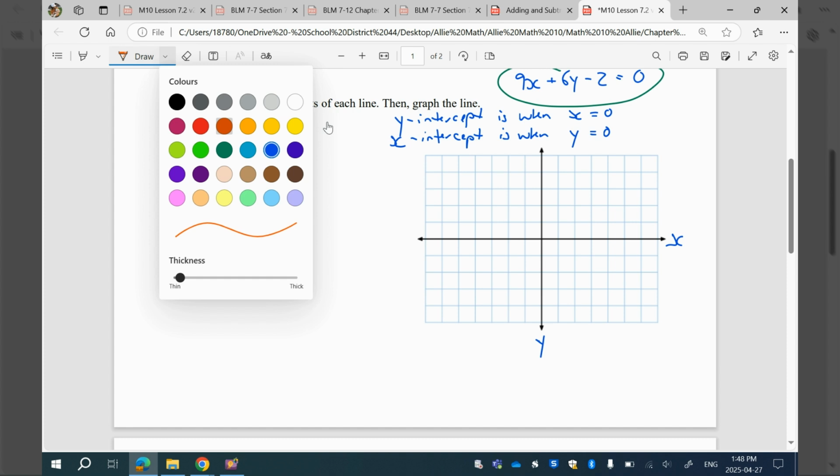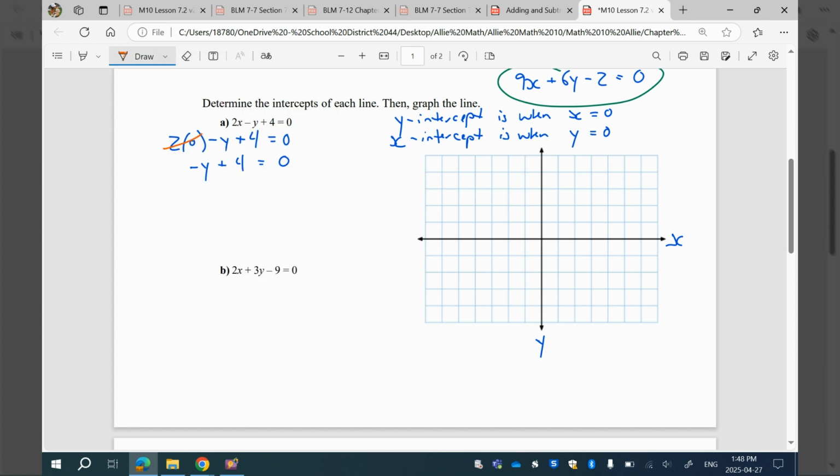We want to know what positive y is. We want to know what y itself is. So let's add y to each side. And we get that 4 equals y. So that means that when x is 0, y equals 1, 2, 3, 4. So we know that's a dot on that line right there.